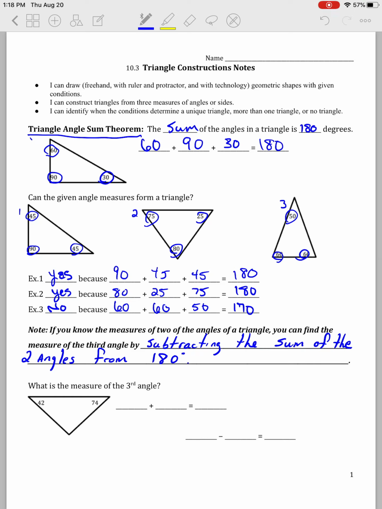If you do that, if you add up your two angles and subtract it from 180, it will give you the missing number.